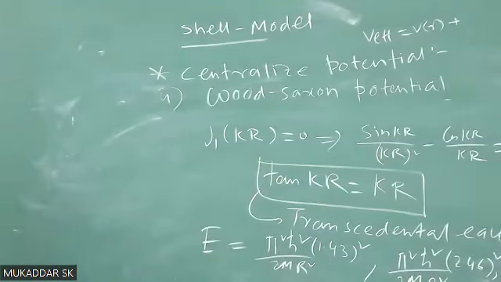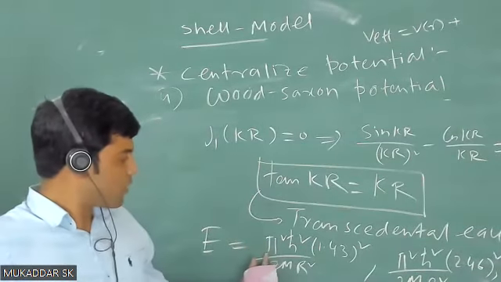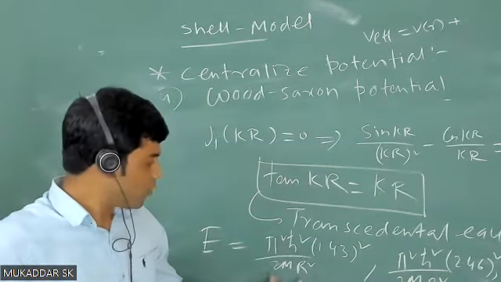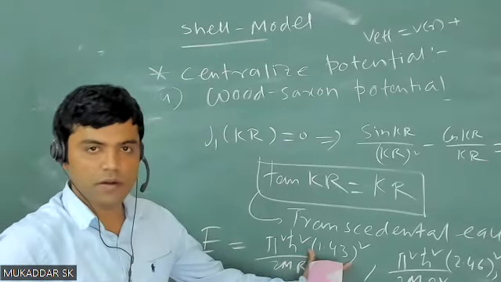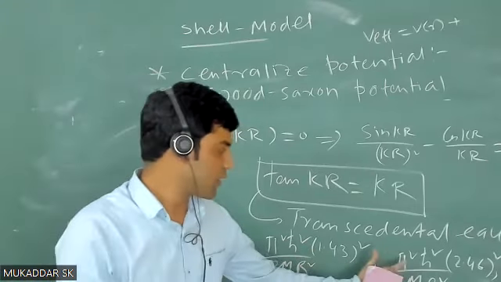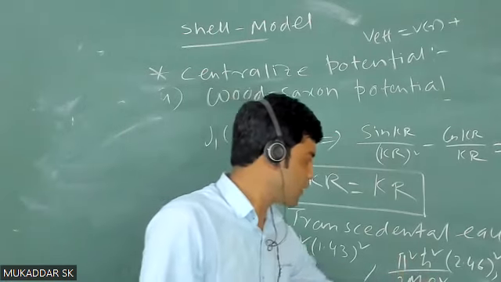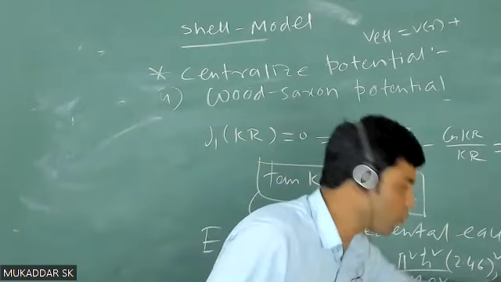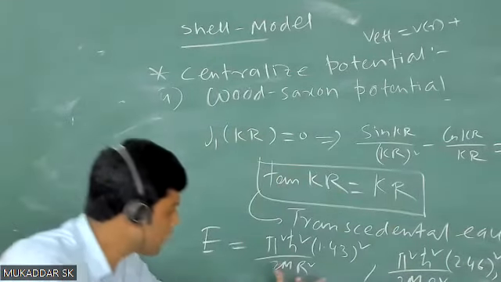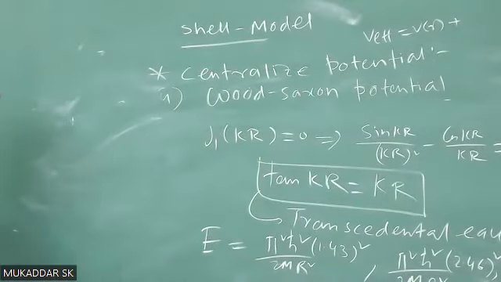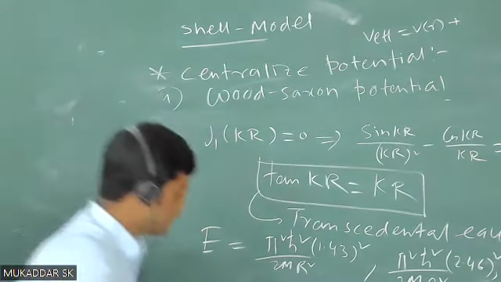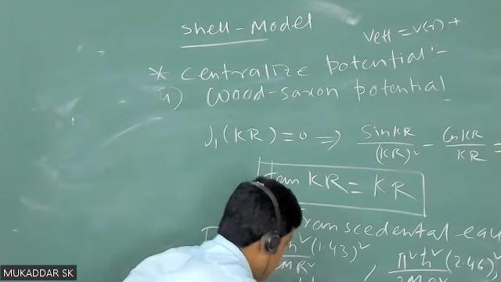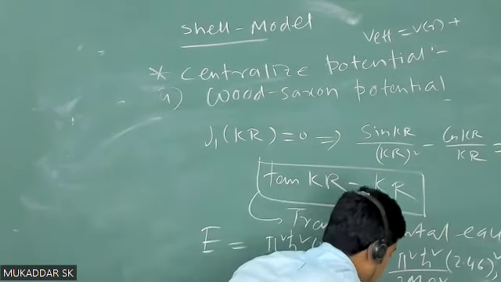To solve this equation, you will get first energy value, that is pi square h cross square by 2mr square with multiplication of this factor 1.43 square. Second, pi square h cross square by 2mr square with multiplication factor 2.46 square, and so on. Now can you tell me this energy will be corresponding to which orbit? 1p. Exactly, this will be your 1p. This will be your 2p, and so on.